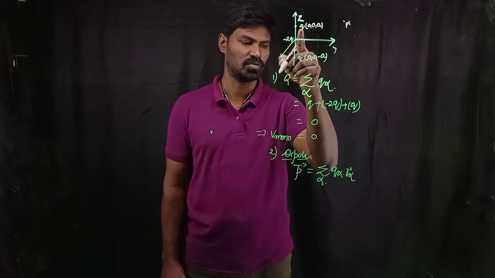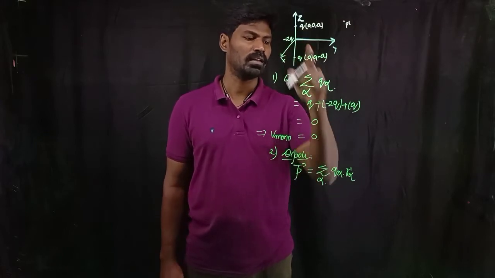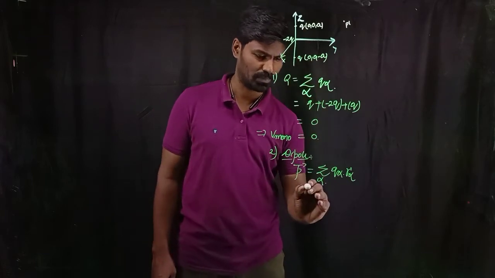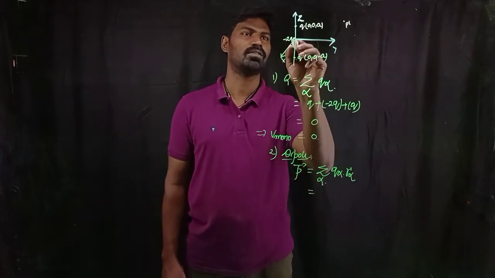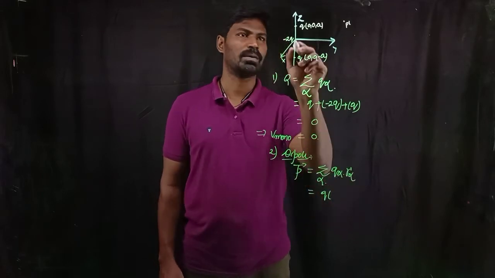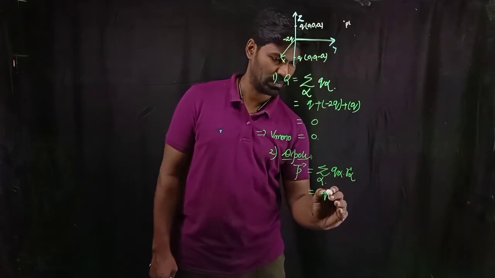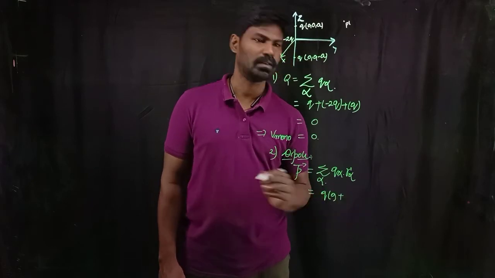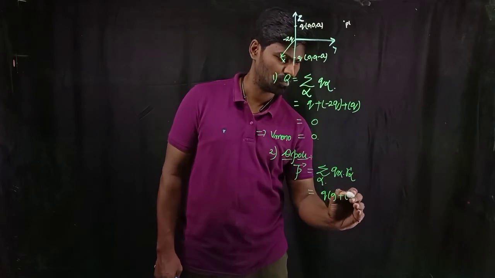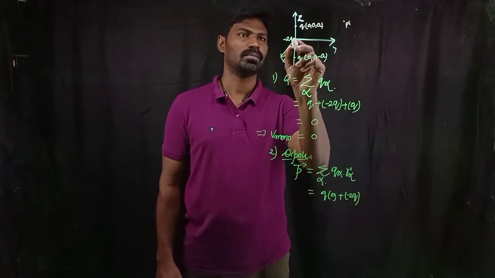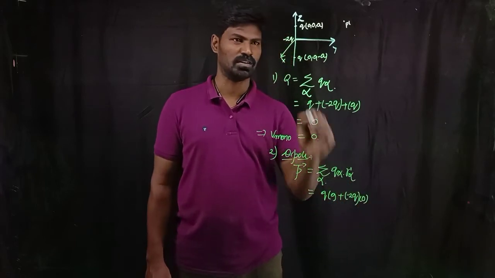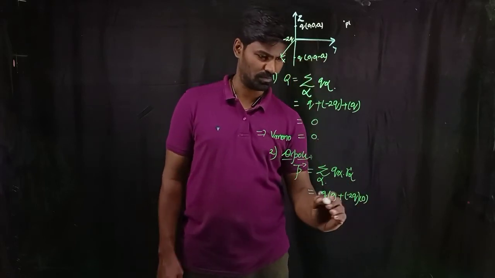What is the source here? The charge Q. When alpha is equal to 1, it is the position coordinate corresponding to charge Q. So when alpha is 1, this is Q into its position with respect to the origin, which is a. Next, when alpha is 2, the charge is minus 2Q, and its position with respect to the origin is 0.